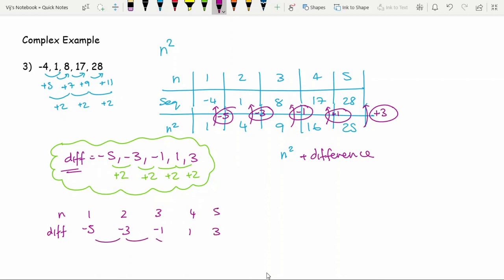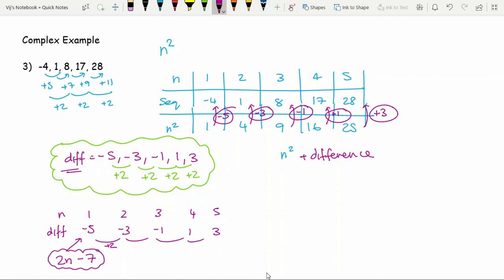So from this, I know that the difference is +2, so 2n is going to be in the formula. And so then, how do I get from 2 to -5? Well, I need to subtract 7. So from this, I know that the formula for the difference is going to be 2n minus 7.